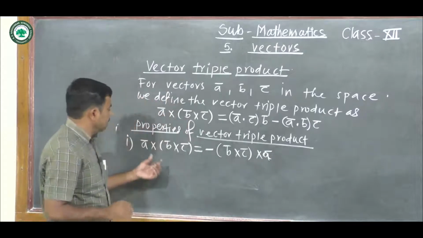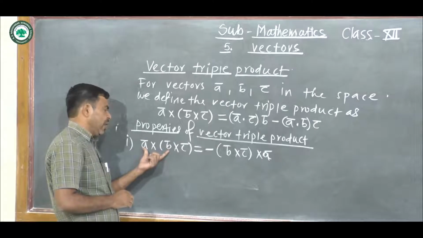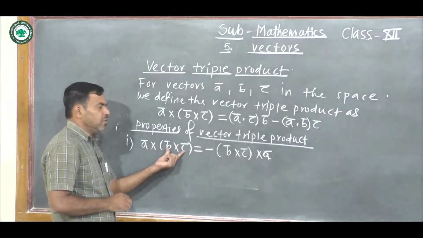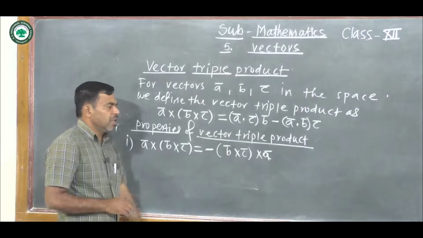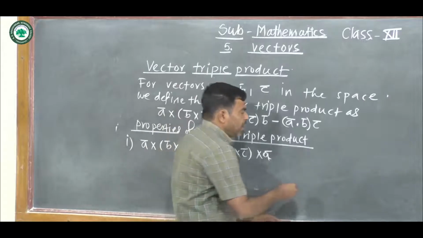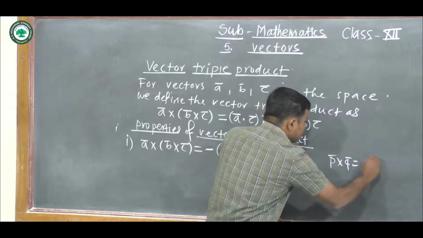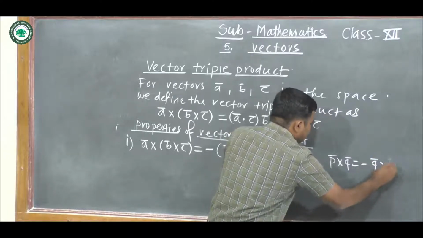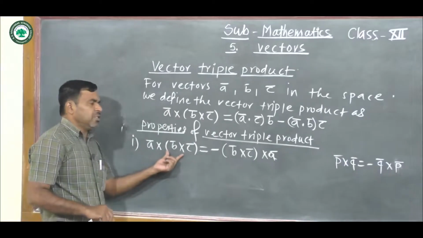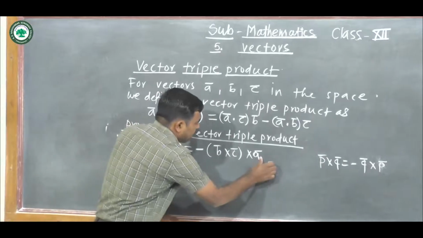See, vector triple product is nothing but the cross product of two vectors. A bar cross B bar cross C bar is equal to minus B bar cross C bar cross A bar, because vector product is anti-commutative. We know that P bar cross Q bar is equal to minus Q bar cross P bar. So using this property here, A bar cross B bar cross C bar can be written as minus of B bar cross C bar cross A bar.